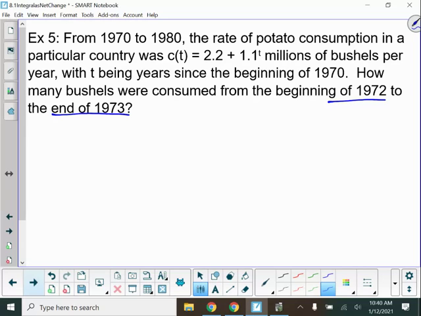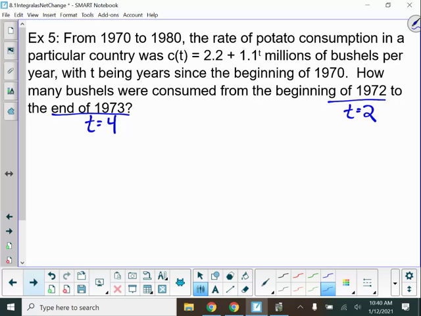Since the beginning of 1970, 1972 would be a time of 2. The end of 1973 is going to be a time of 4, because that would be the beginning of 1974, so that would be from 2 to 4.